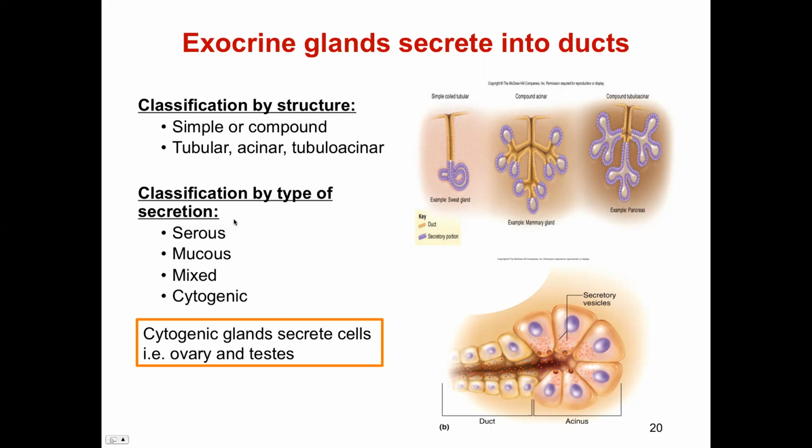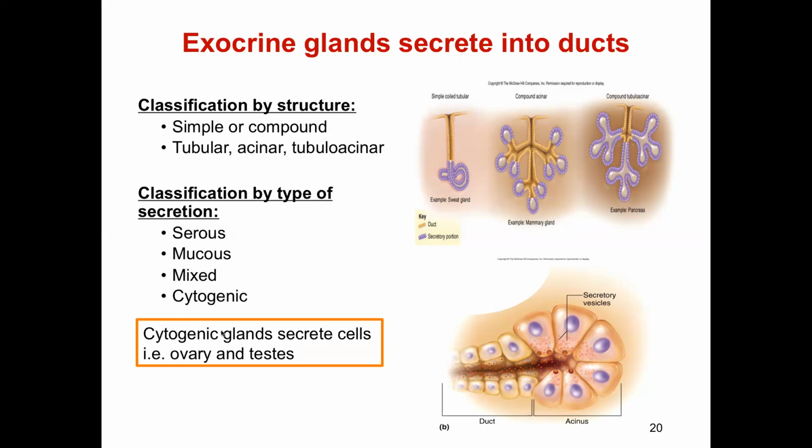And then you can also classify them by what they're secreting. Serous, remember when we were talking about our serous membranes, they're secreting some sort of watery fluid. Mucous, so a mucous membrane, M-U-C-O-U-S, is secreting mucus, M-U-C-U-S, right? Mixed, so they're going to be secreting all kinds of stuff.